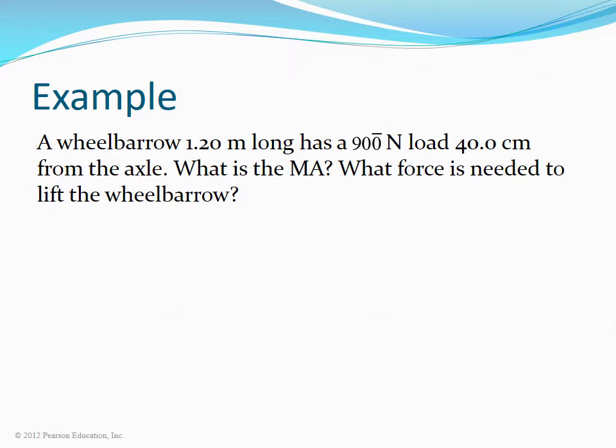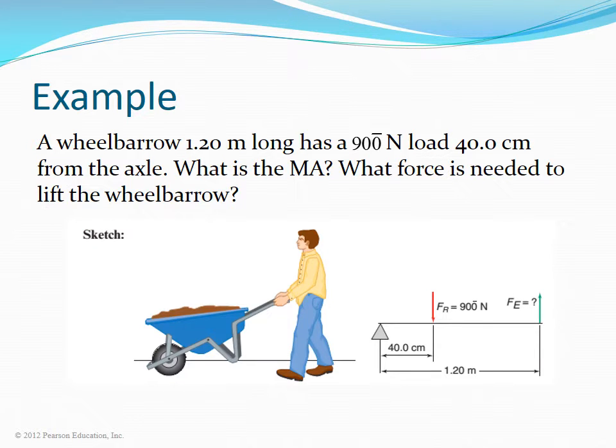A wheelbarrow 1.2 meters long has a 900 Newton load 40 centimeters from the axle. What is the mechanical advantage? What force is needed to lift the wheelbarrow? First sketch the wheelbarrow.